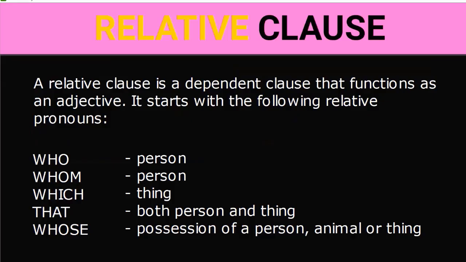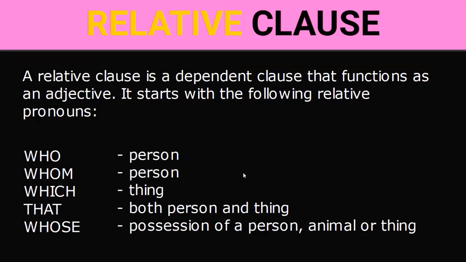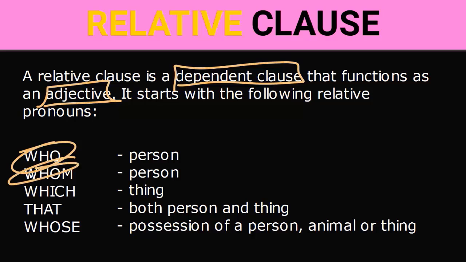Next, relative clause. Guys, a relative clause is a dependent clause that functions as an adjective. It works like an adjective. It comes after a noun or a pronoun and gives information about it. We call it a relative clause because it starts with a relative pronoun like who, whom, which, that, and whose.